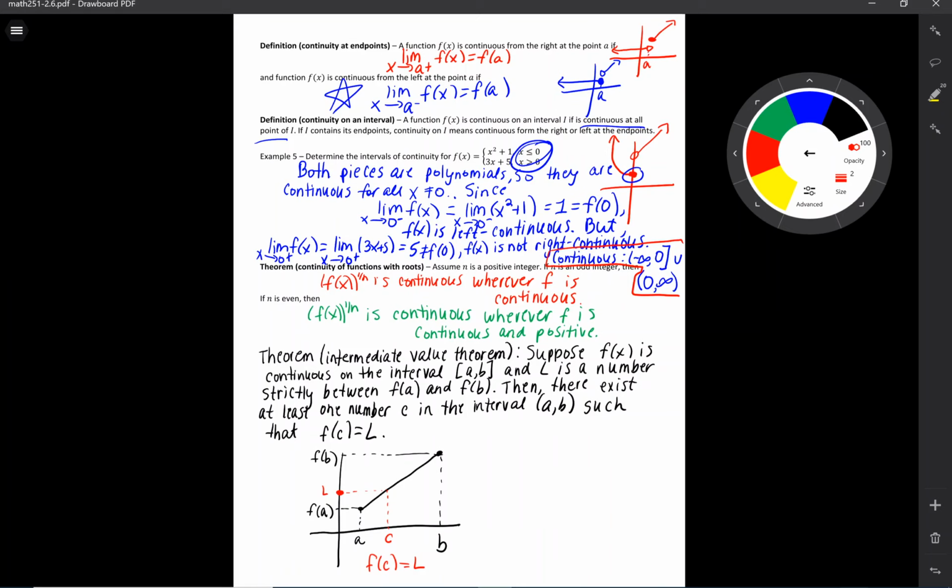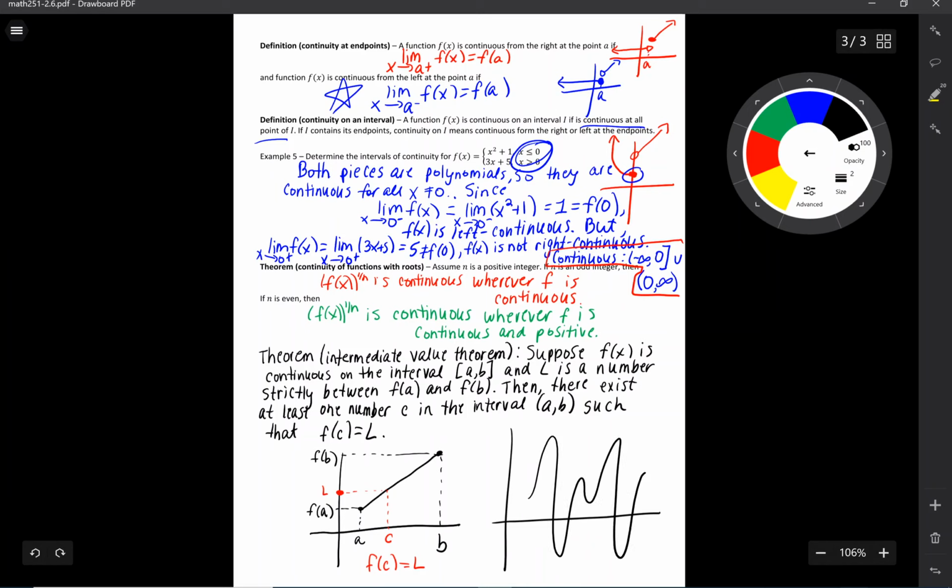Say I had a funkier looking function. So maybe I have a function that looks like this.